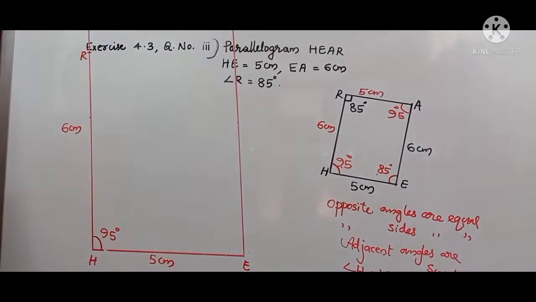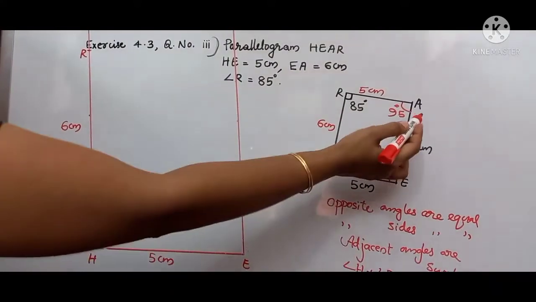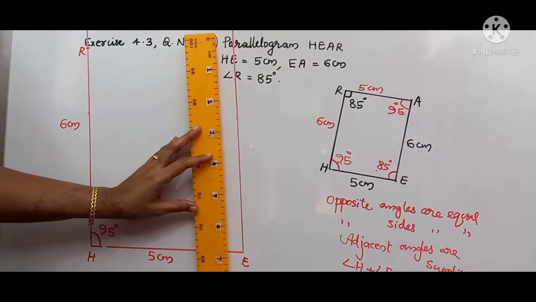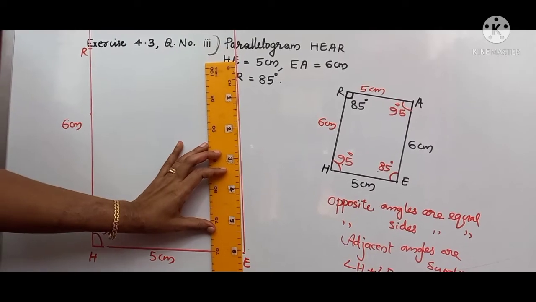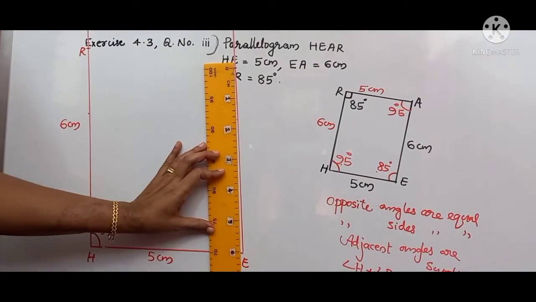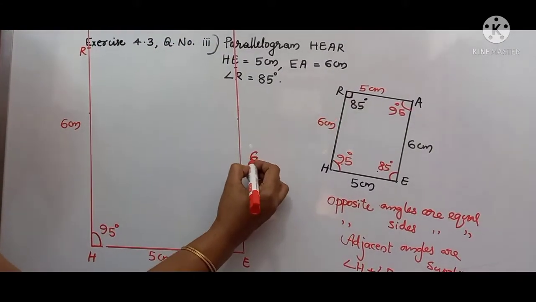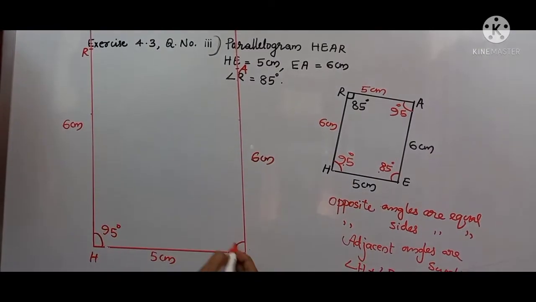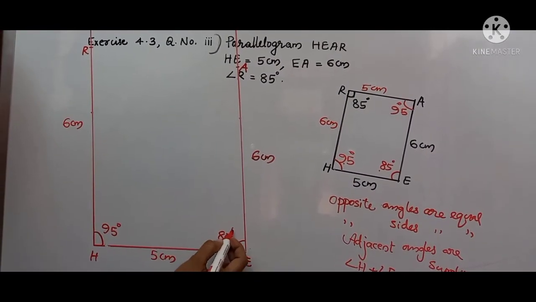Like this way, and EA is equal to 6 centimeter. So mark that 6 centimeter here, mark that point here and write 6 centimeter, and this is the point A, and here it is angle 85 degree.